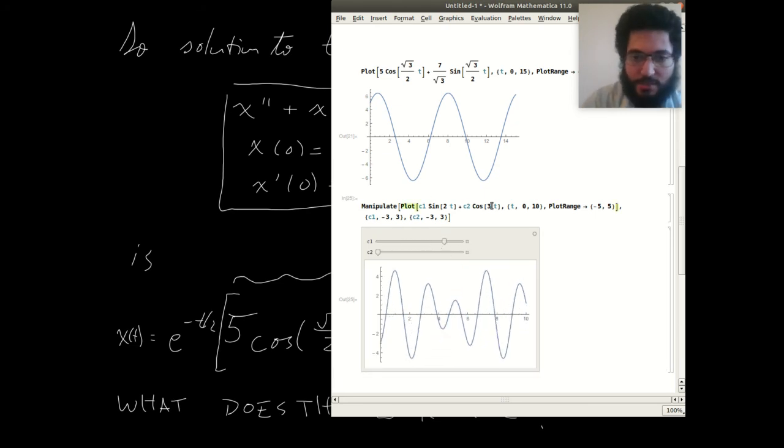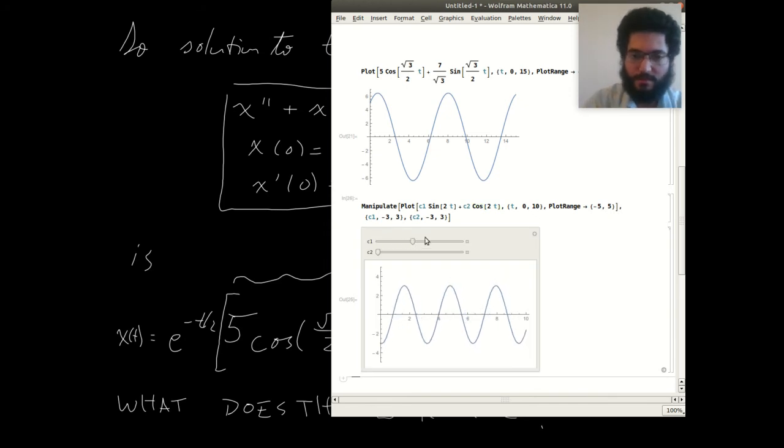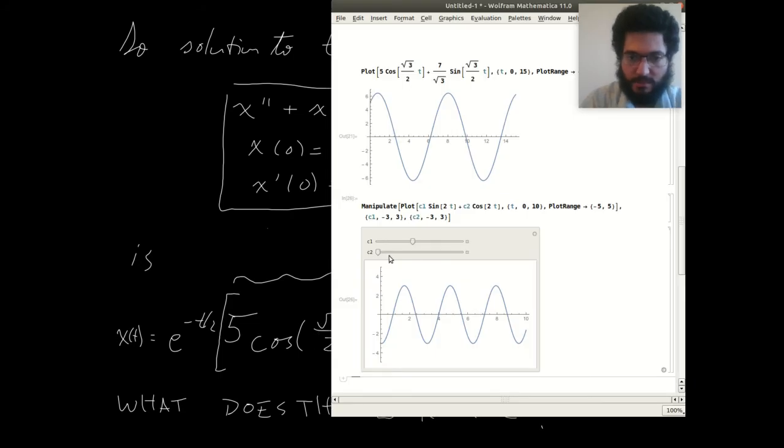But that's not the situation we will find ourselves in with the general solution in case 3 that we're looking at. No matter what, I was going to end up with the same frequency here and here. So it's actually the simple situation where you just have a sinusoidal function.